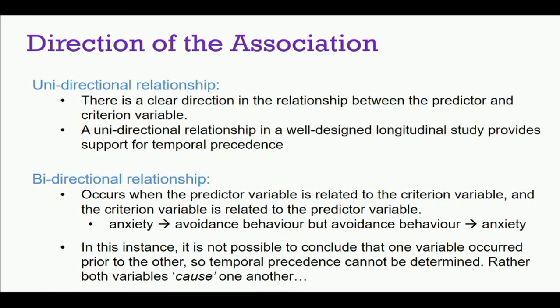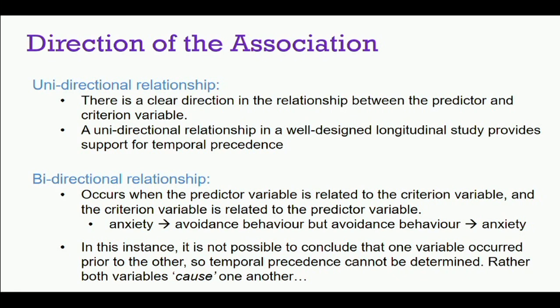So it leads to this avoidance behaviour. But we know too that if you consistently avoid something that makes you scared, then your anxiety will increase. So your IV is affecting the DV, but your DV then goes on to affect your IV in the future. So you've got this bidirectional relationship.